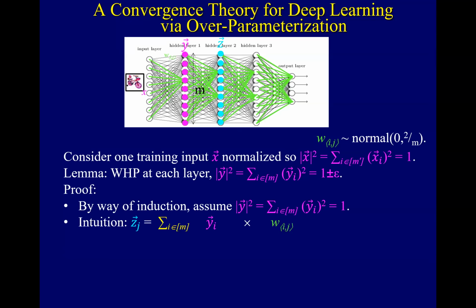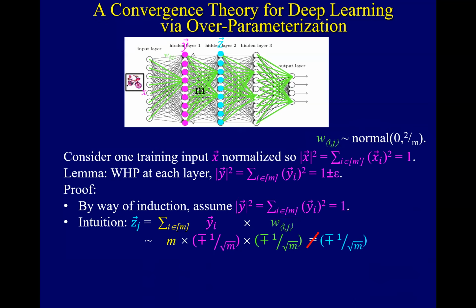And the blue is before the nonlinear bit, right? So the blue is the sum over all these values times their weights, right? And because the weights have this distribution, each one is plus or minus 1 over the square root of m. And because of this, these are more or less plus or minus the same. And since we want to do the same, this is more or less the same.